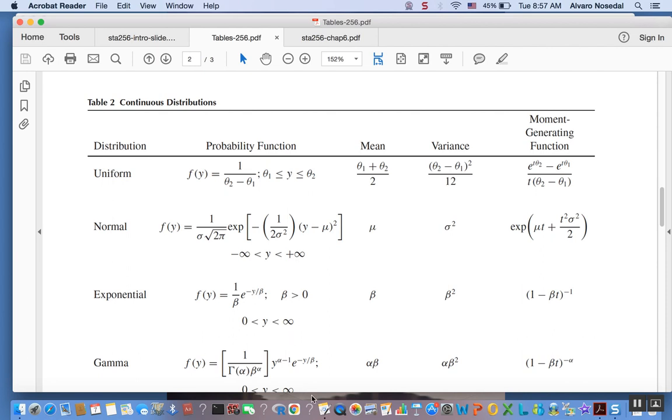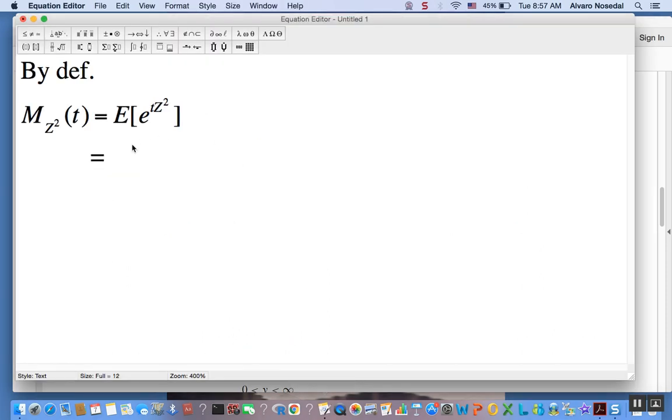So that's our PDF, and as we said, we would like to compute the expected value, and the support for a normal is from negative infinity to infinity.